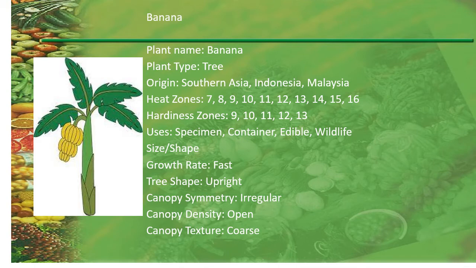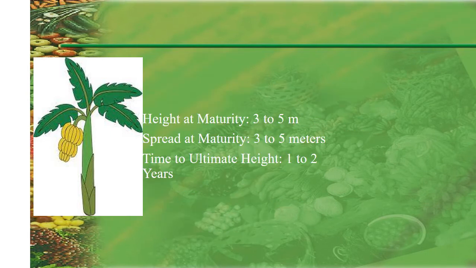Size or shape, growth rate, fast. Tree shape, upright. Canopy symmetry, irregular. Canopy density, open. Canopy texture, coarse. Height at maturity, 3 to 5 meters. Spread at maturity, 3 to 5 meters. Time to ultimate height, 1 to 2 years.